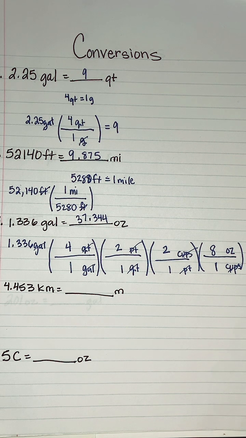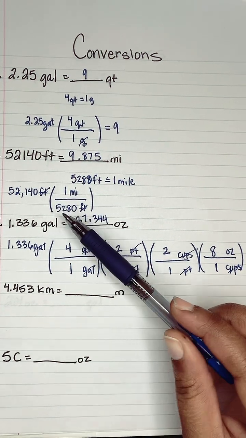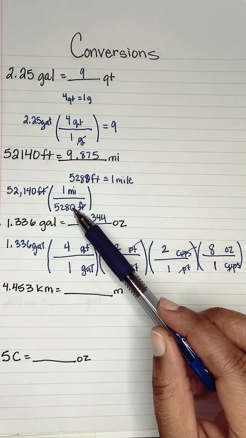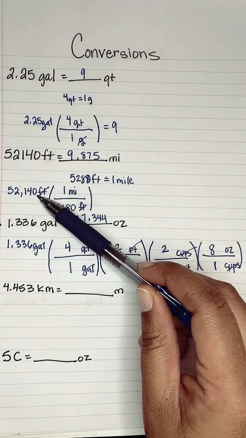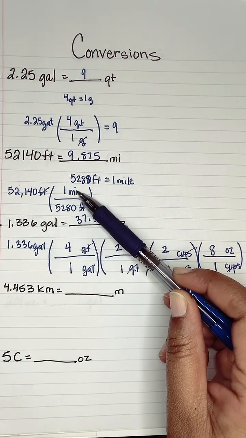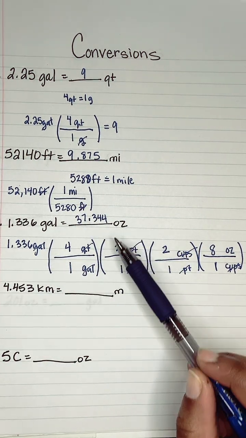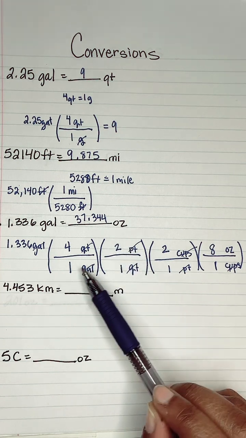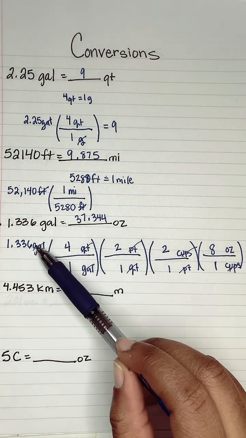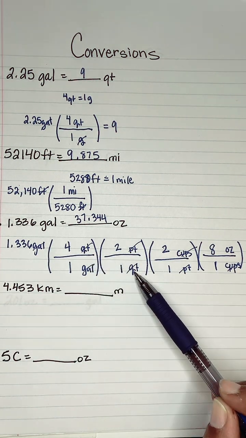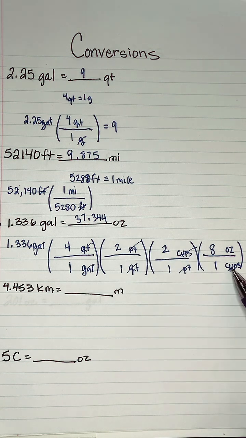Okay. When do you divide by the conversion factor? Great question. Like here on this one, we had to divide by the conversion factor because we started with feet and we wanted to end with miles. Versus here, we wanted to end with ounces. See how the units are canceling out with each other?